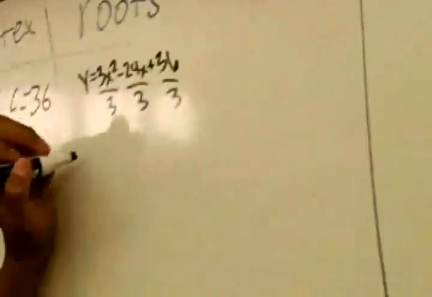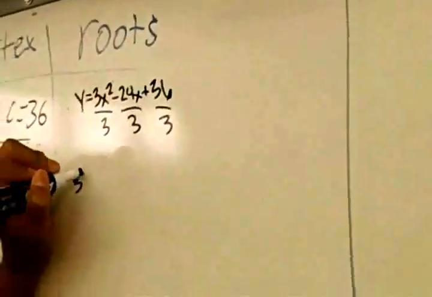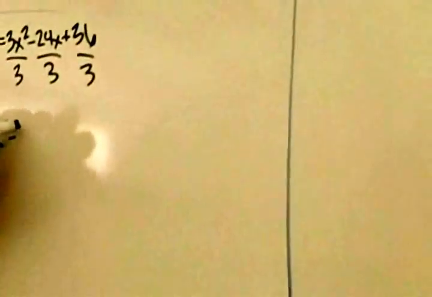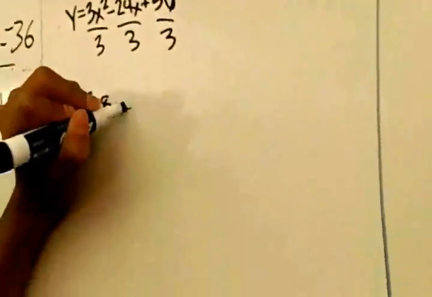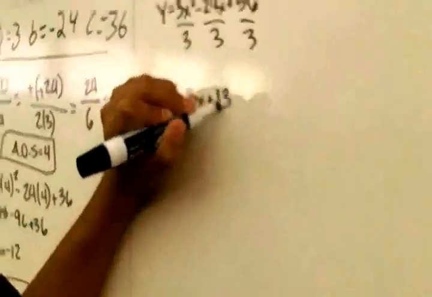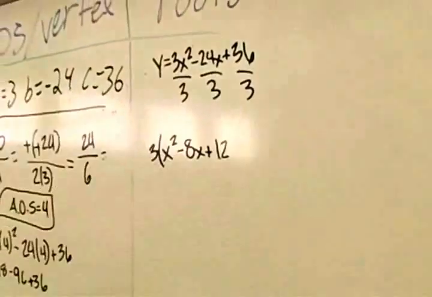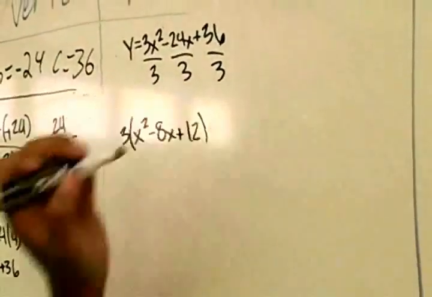So you put 3 parentheses x squared minus 8x plus 12, and then close the parenthesis.